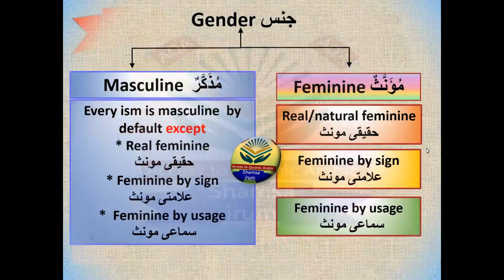So we have done the two categories, real feminine and feminine by sign. Feminine by sign has three more groups: words ending on the ta marbuta, words ending on the alif mamduda, and words ending on the alif maqsura. And now the last one is the feminine by usage, sama'i mu'annas.